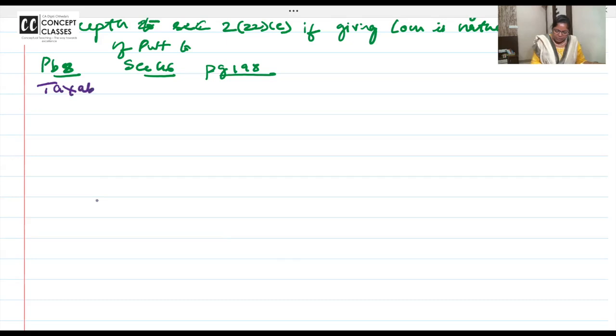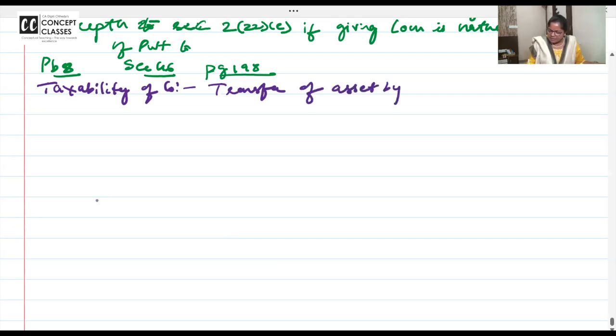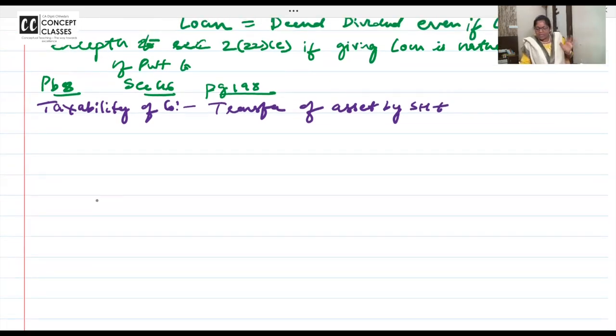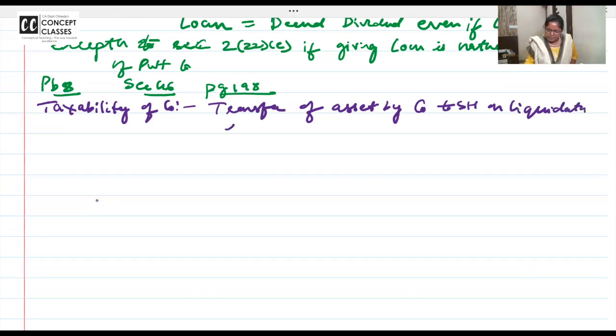First write down the taxability of company. Company is going into liquidation. So transfer of assets by company to shareholder on liquidation is exempt under section 46 for the company.